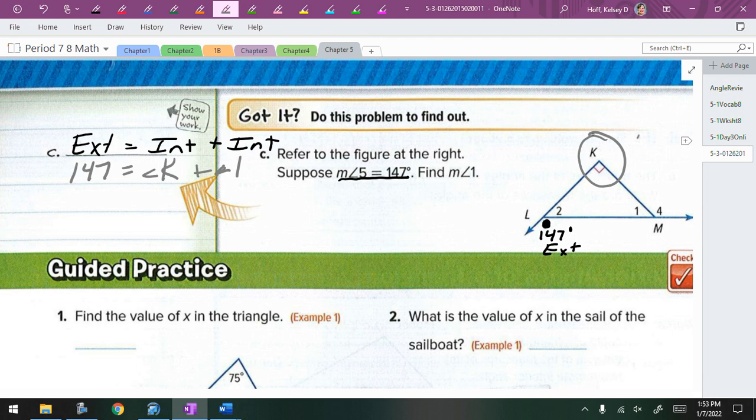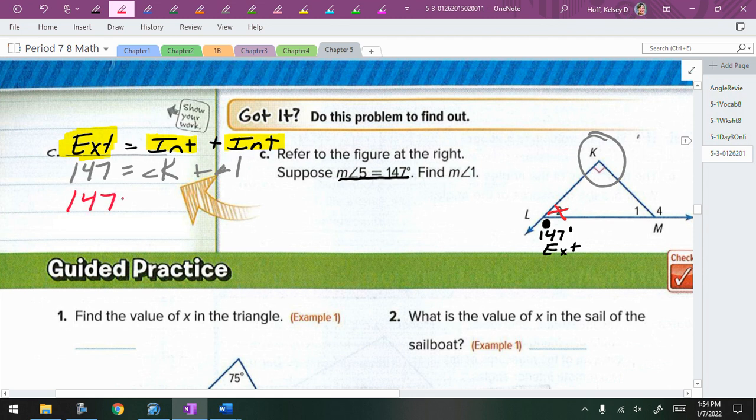No. Why not? They're interior, angle 1 and 4. But guys, look right here. The exterior angle is equal to the two interiors that are not next to it. We need two interior angles. We don't want to use angle 2 because angle 2 is right next to it. So 1 and K, yes. Now, you have to be able to identify that K is really 90 degrees, correct? And we know that because of the right angle.